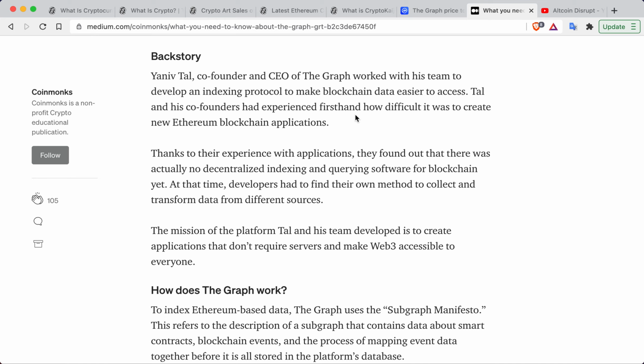Through that experience, they found out there was no decentralized indexing and query software for blockchains yet. At that time, developers had to find their own methods to collect and transform data from different sources. The mission of the platform Tal and his team developed is to create applications that don't require servers and make Web3 accessible to everyone.